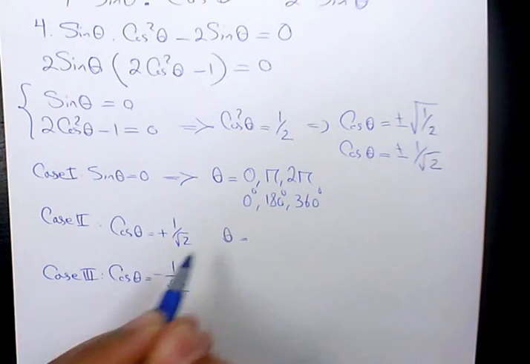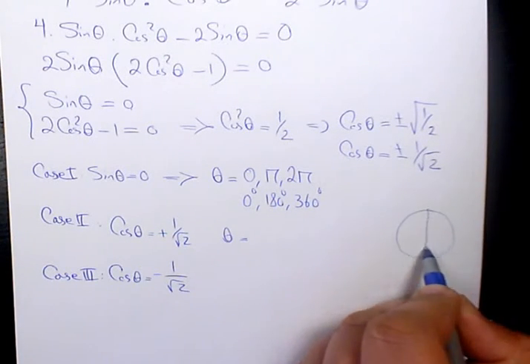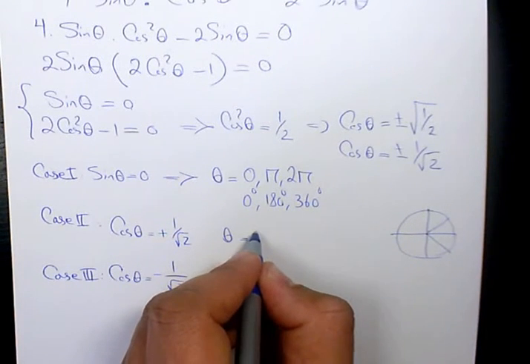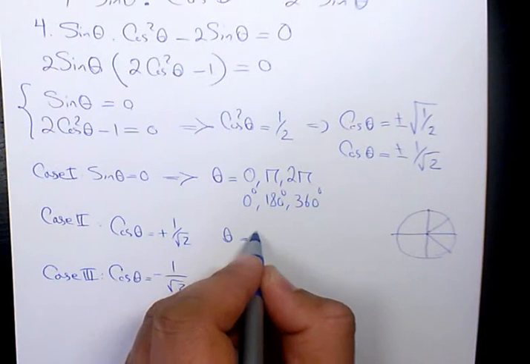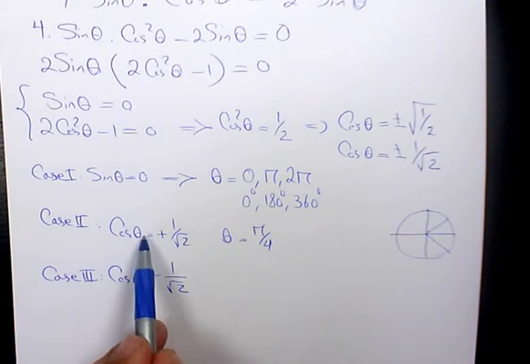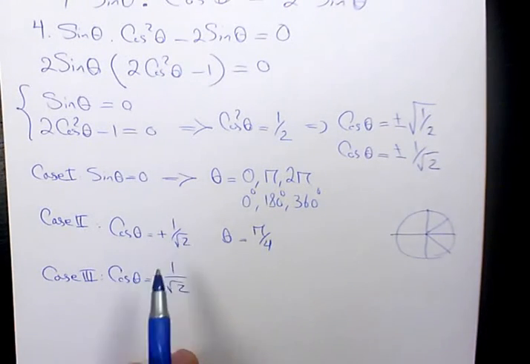So for case 2, cosine is positive, so we have 2 cases here and here. We have pi over 4, which we know cosine pi over 4 based on the special angles. Cosine pi over 4 is 1 over root 2.